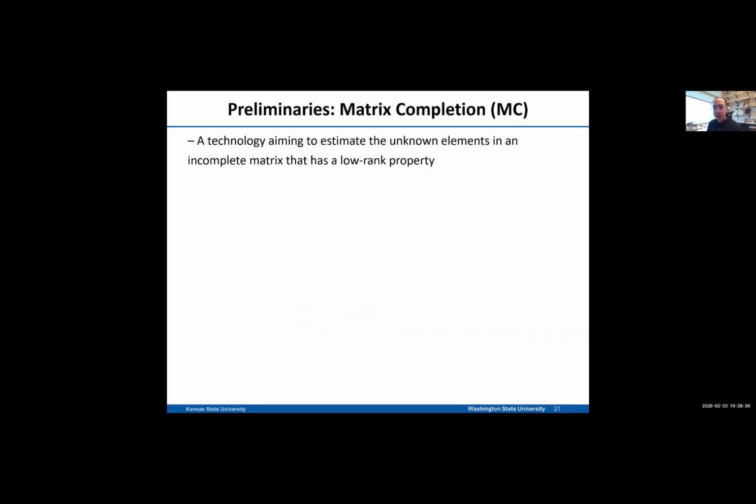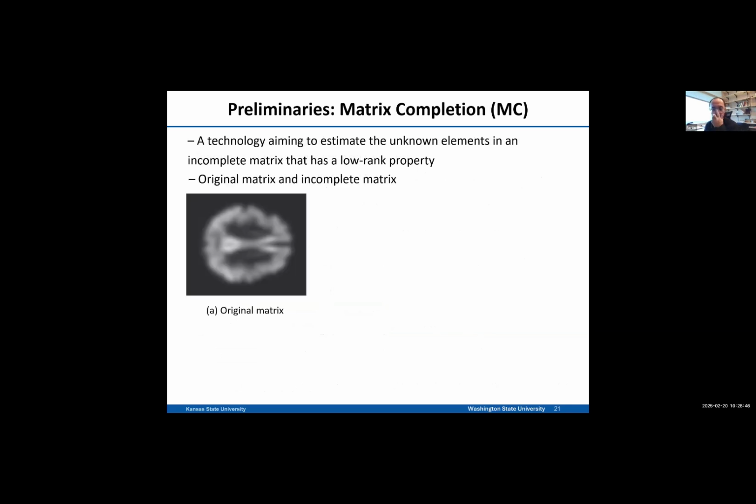Since we use matrix completion to construct FDR attacks, I would like to briefly introduce the matrix completion technique. Matrix completion is a technique aiming to estimate the unknown elements in an incomplete matrix that has the low-rank property. Here is an example. We know that an image is a matrix, right?